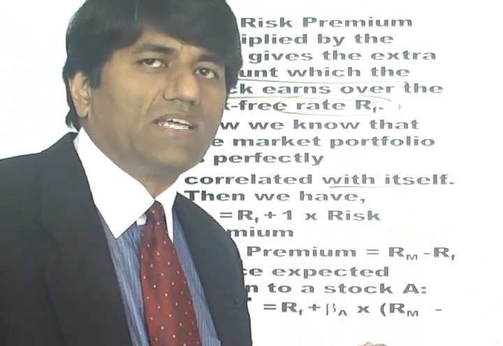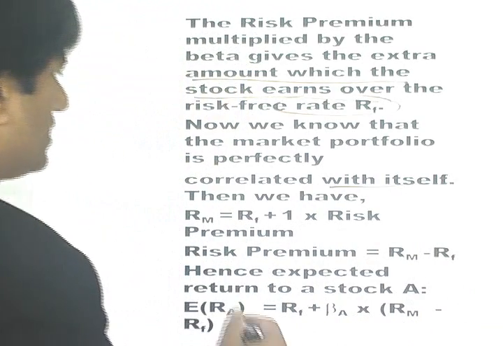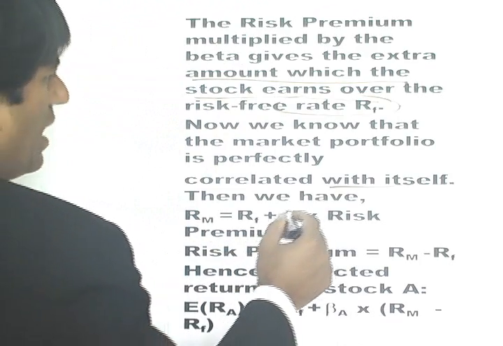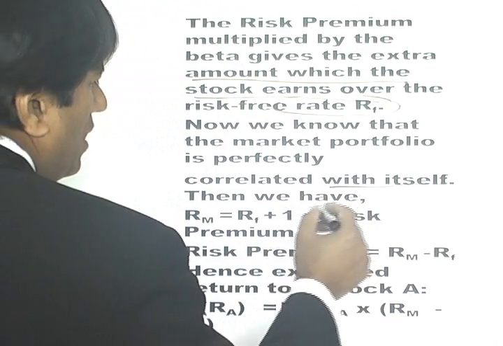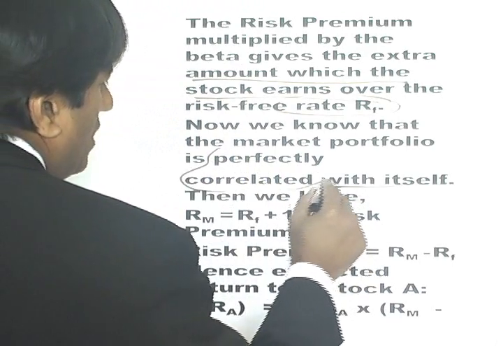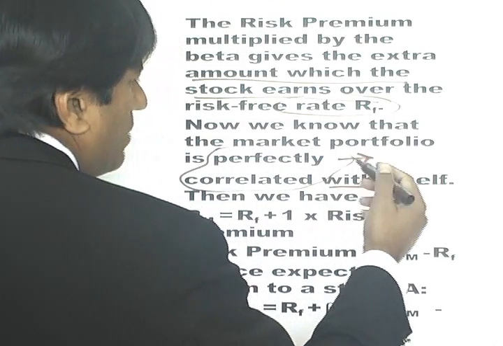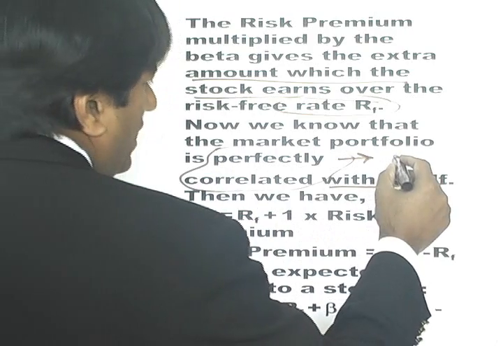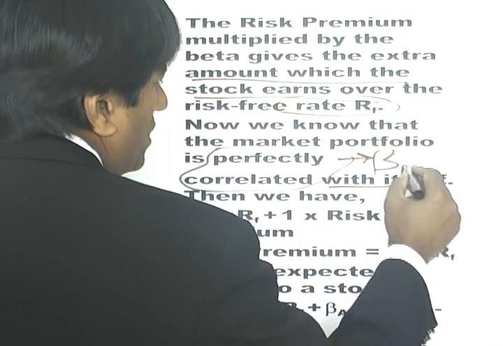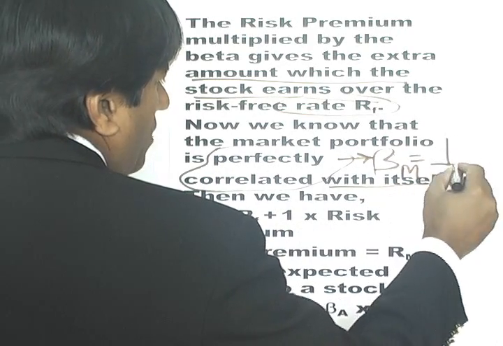And you stick that into the beta formula, and what you get is that the correlation for the market portfolio is perfect, and that will lead to beta for the market being equal to 1.